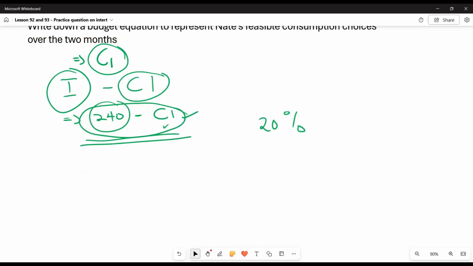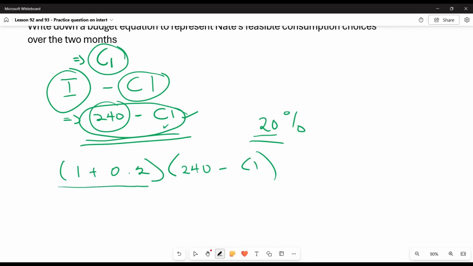If Nate saves this amount in the first month with an interest rate of 20%, this amount is going to be worth 1 plus 0.2 multiplied by the amount that is saved at the start of the second period.